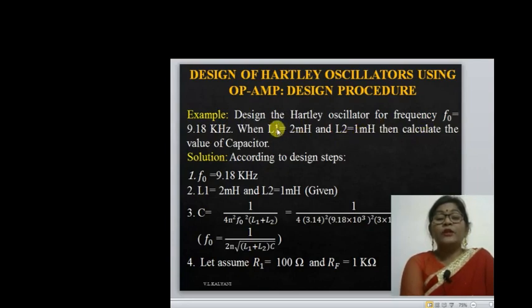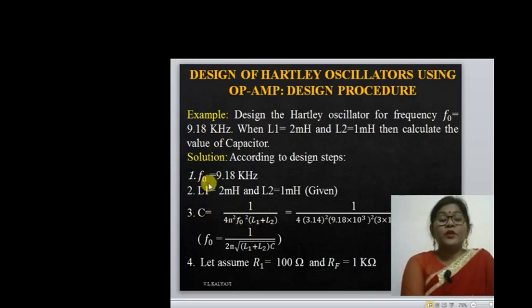Then calculate the value of capacitor C. If the frequency is given, you can find the value of capacitor C, or if the values of components are given, you can find the frequency also. Using this formula you can calculate the value of components.